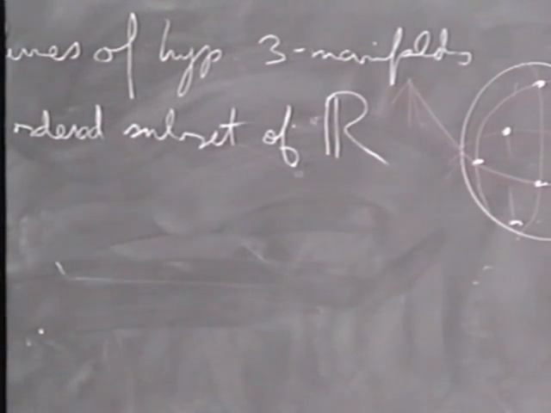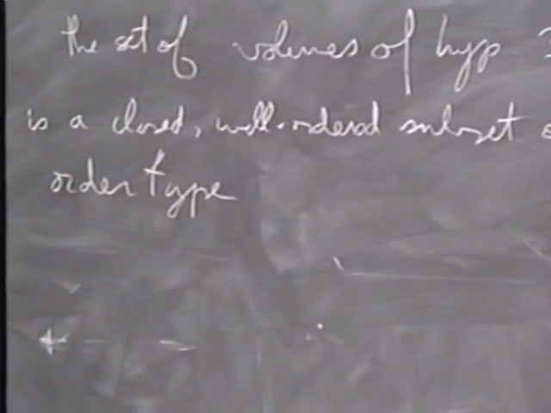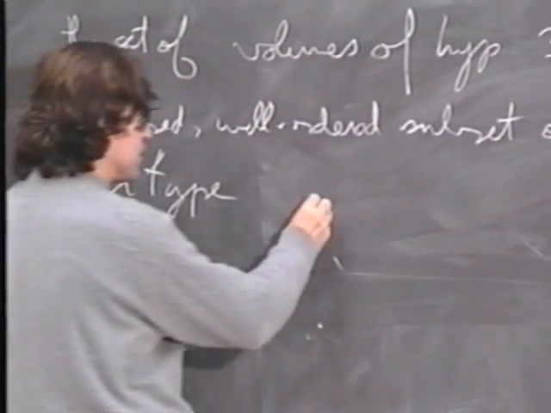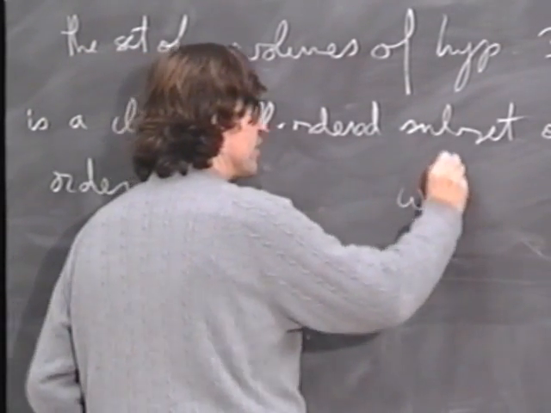Its order type, closed well-ordered sets up to isomorphism are called ordinals, or that's one definition of an ordinal. Anyways, the order type is omega to the omega.